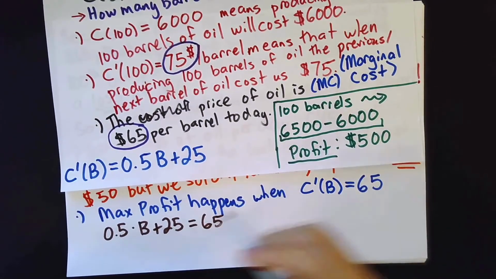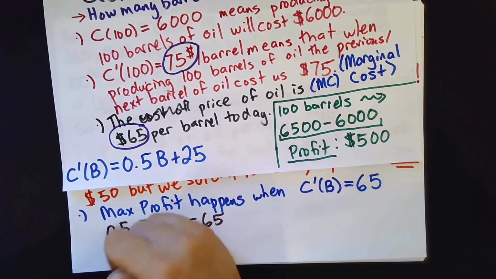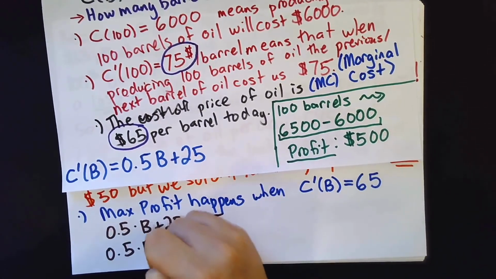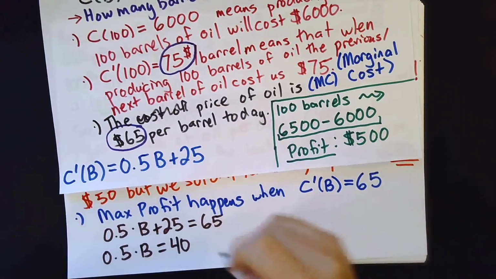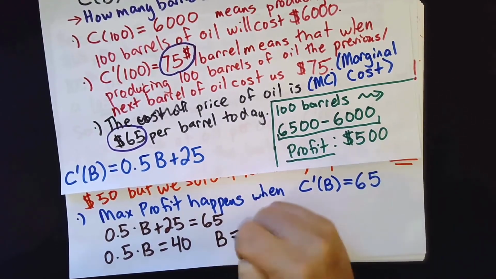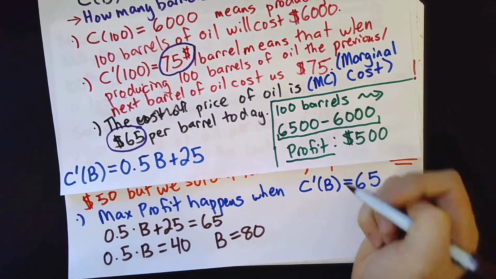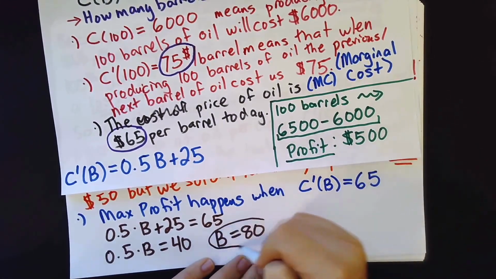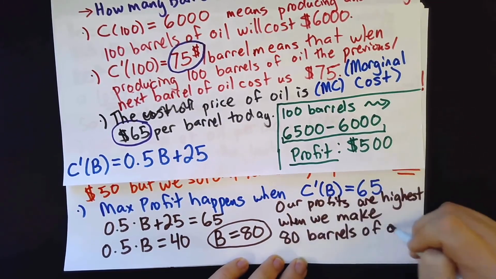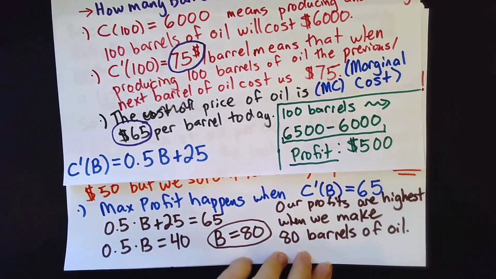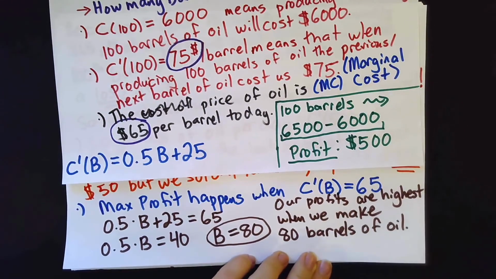And solving this, that will give me 0.5 times b equals 40. So that will give me b equals 80. So what this says is we get our maximum profit when we make 80 barrels of oil. Ultimately, finding this derivative allows us to figure out how to make the most profit for this business.